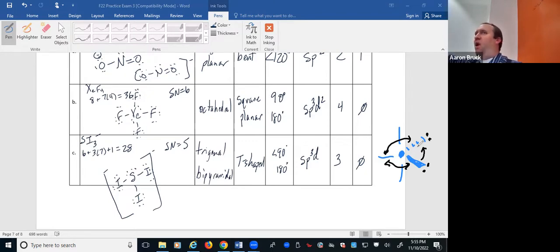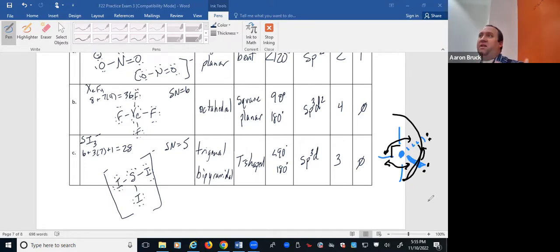There's no second bond in that plane. So there's no 120-degree angle either. The 120-degree angle has been stolen by the addition of that extra lone pair. So the only angles that are here are these 90-degree angles and these 180-degree angles. 120 disappears because there's no other bond there.